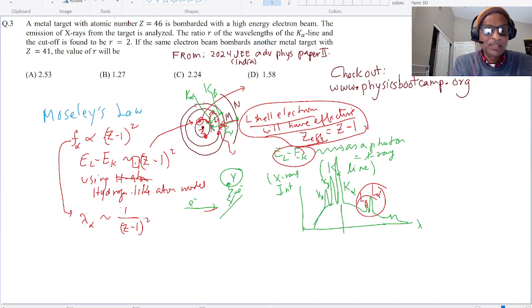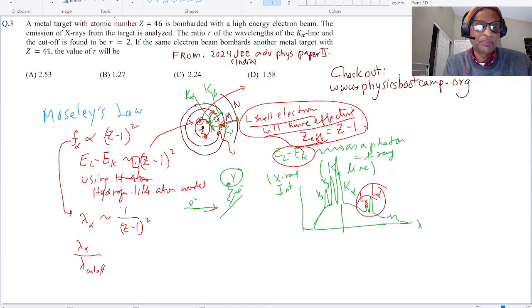So what's given here is lambda alpha over lambda cutoff. The cutoff would be a little different for different metals, but these Z being close to each other, we'll say they are the same.